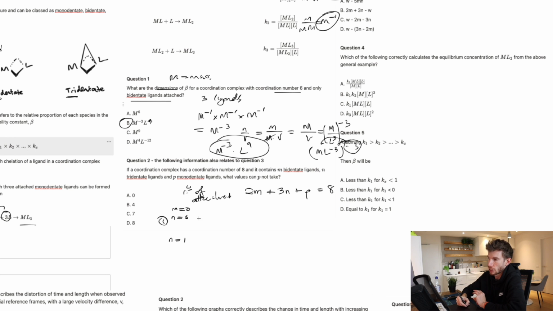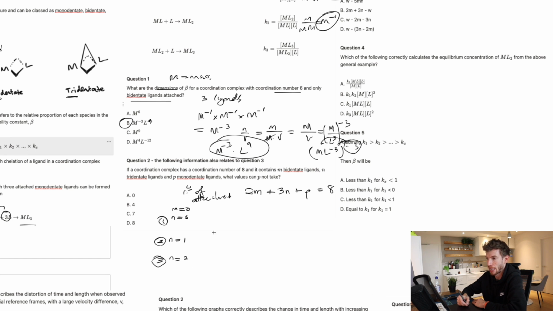So really you could have no bidentates, and therefore you could have 1 tridentate. You'd have 1 tridentate, and that would mean you'd take up 3 of the 8 places, but you could also have a second one and take up 6 of the 8 places, but you could not have a third, because that would take up 9 places, which we don't have. So these are our different options here.